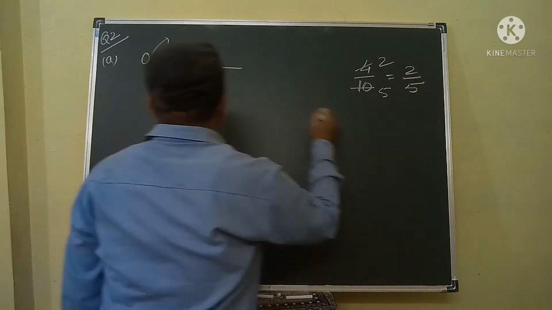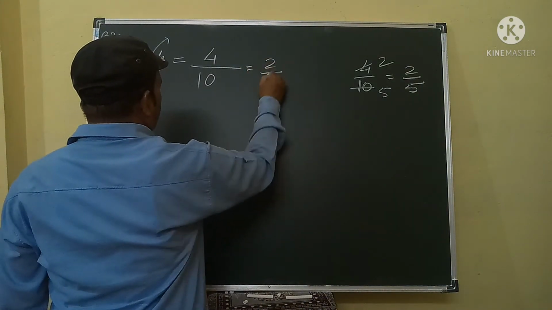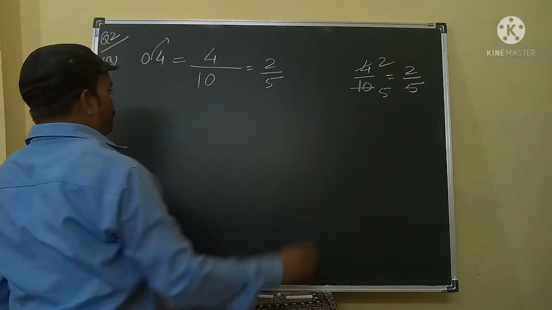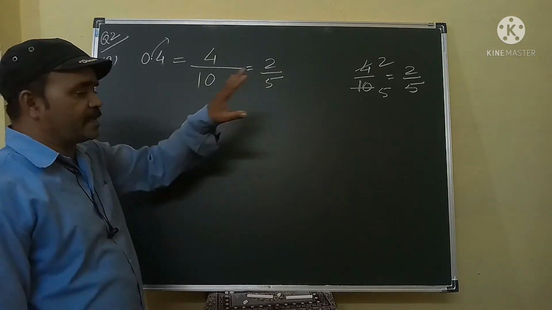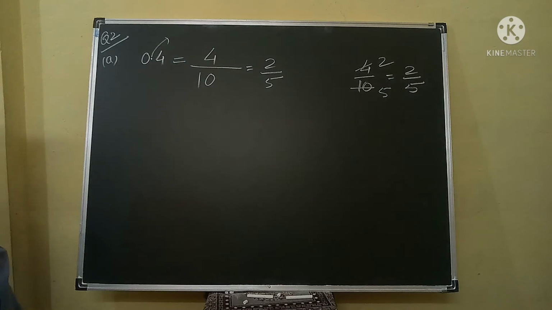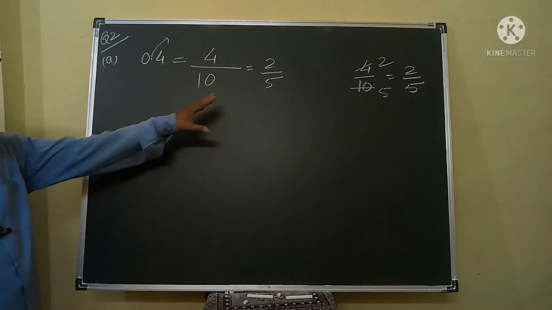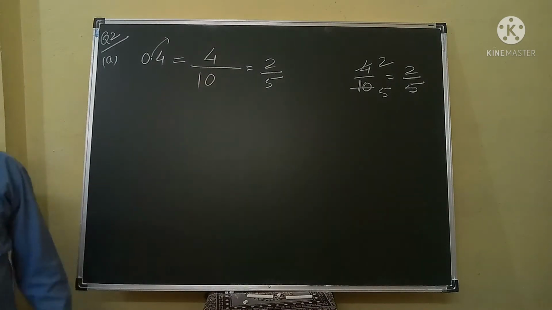The answer is 2 upon 5. So 2 upon 5 is the simplest form of 4 upon 10. Okay, this is the required answer for the required question.